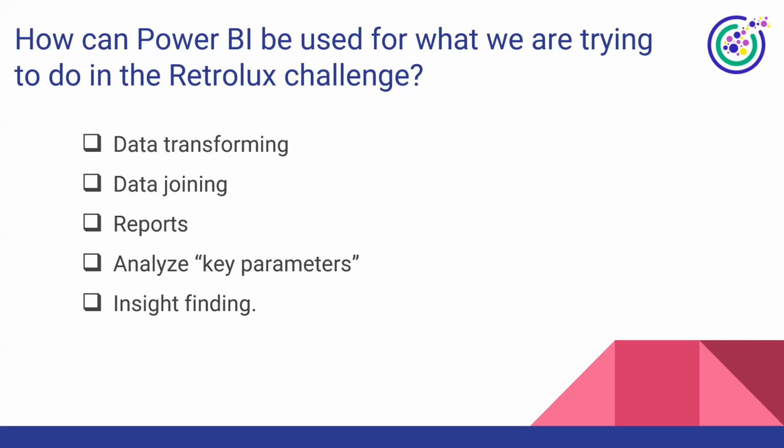Then we can make reports and analyze key parameters. Key parameters means we find the correlation to find out which parameters have more influence on a target function, etc. And an insight, for example, is determining which type of building has room to upgrade lighting to improve efficiency, etc.